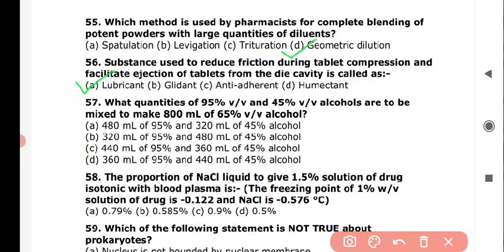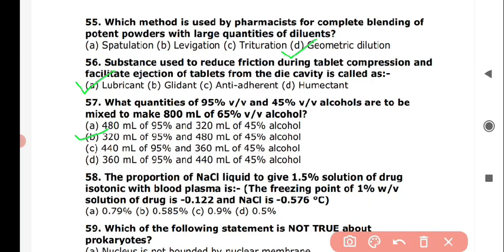Next question is, what quantities of 95% volume by volume and 45% volume by volume alcohols are to be mixed to make 800 ml of 65% volume by volume alcohol? And the correct answer is option B, that is 320 ml of 95% and 480 ml of 45% alcohol.